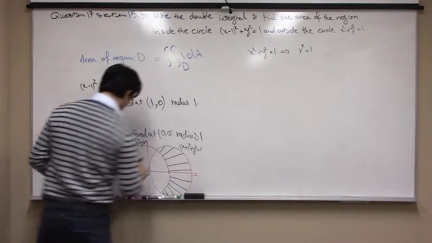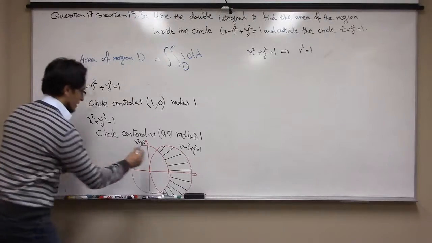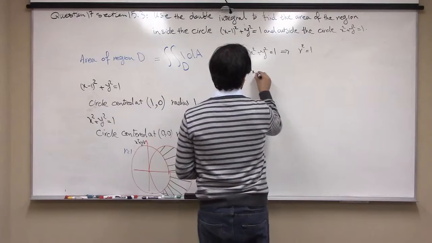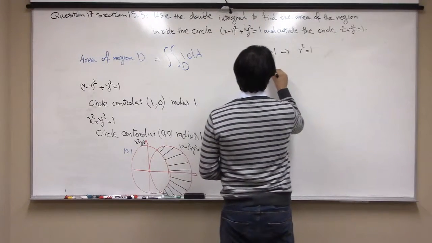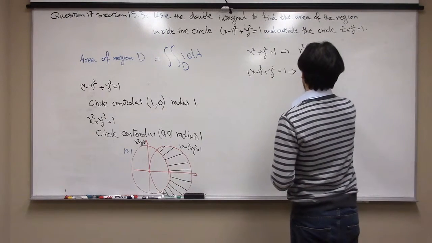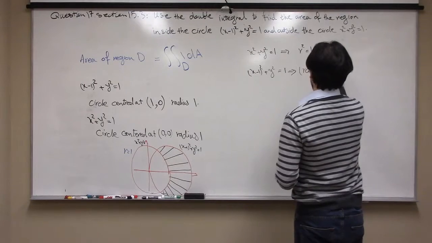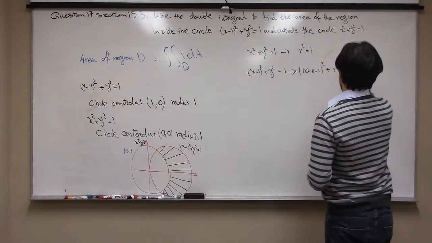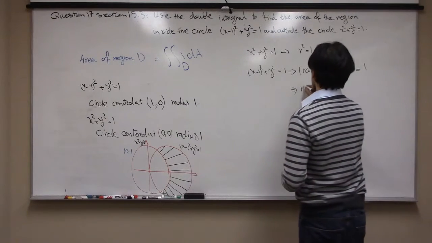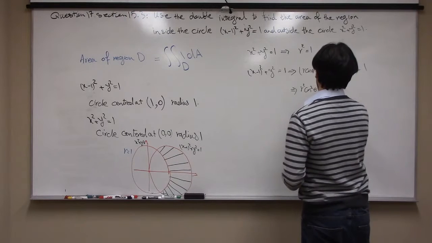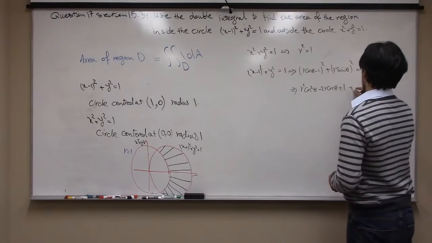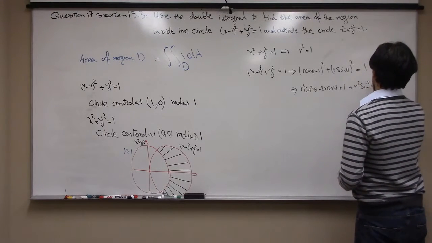So in polar coordinates, let me write it in blue. The equation of this guy is easy. What about the other one? So x minus 1 squared plus y squared equals 1. So I can write r cosine theta minus 1 squared plus r sine theta squared equals 1. Simplify everything. So you get r squared cosine squared theta minus 2r cosine theta plus 1 plus r squared sine squared theta equals 1.